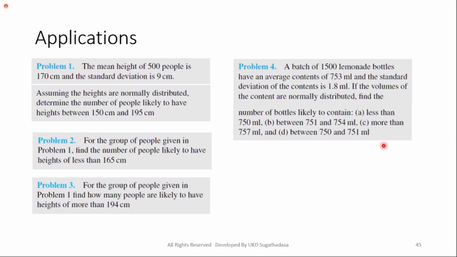If you want to calculate approximately how many bottles, multiply that number by 1,500. You get 129 bottles. Even out of 1,500 bottles, approximately 129 bottles are in this particular range. It is a small number because the average is a little bit high.